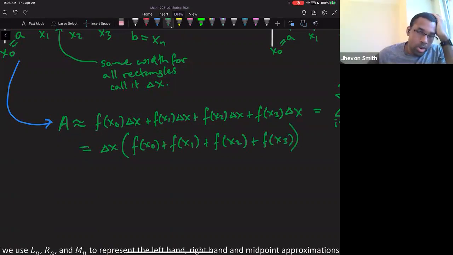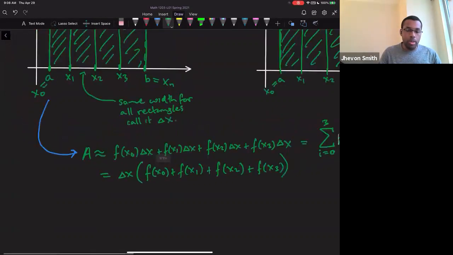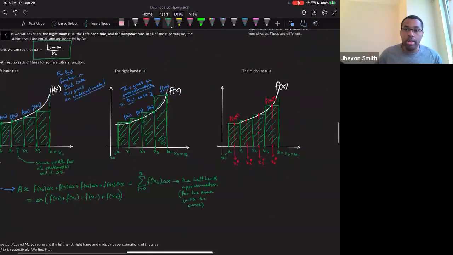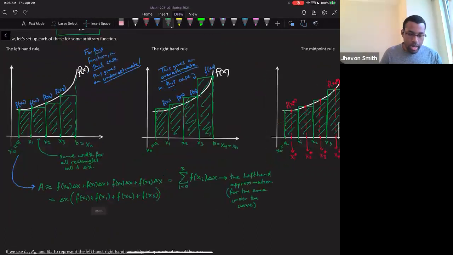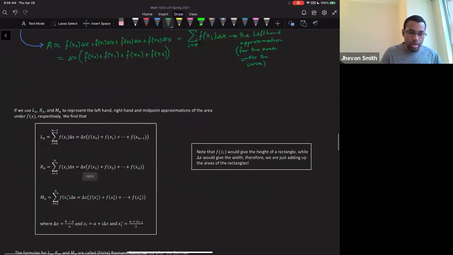So I just want you to know where that expression is coming from. So by looking at the above three methods, the left-hand rule, the right-hand rule, and the midpoint rule, we can develop formulas in the same way I just developed that formula for you. And we can get these right here.